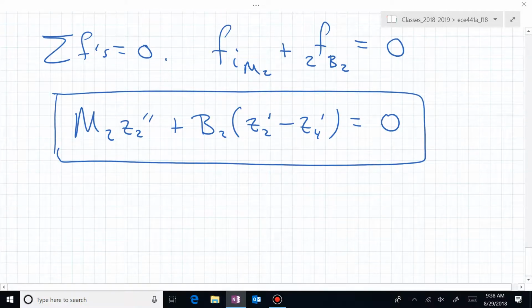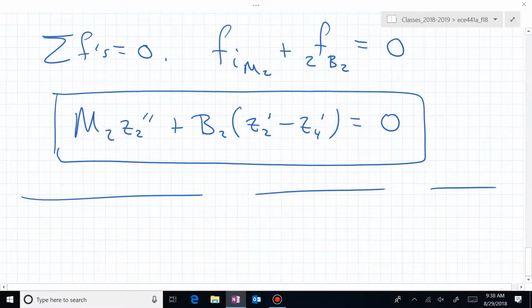Let's talk our way through free body diagram number 3, or for mass number 3.